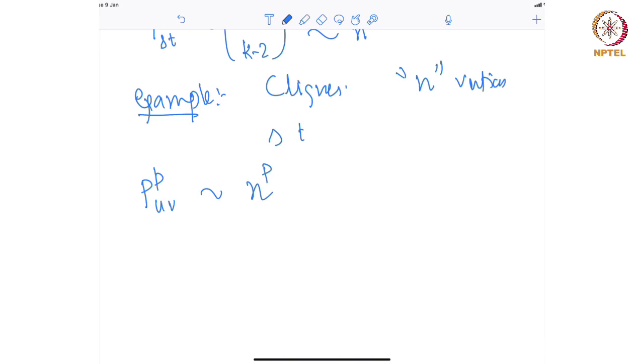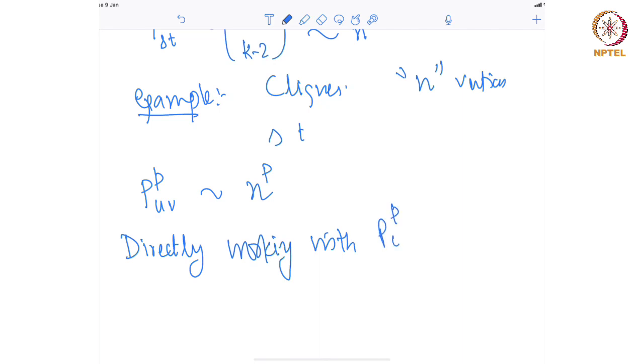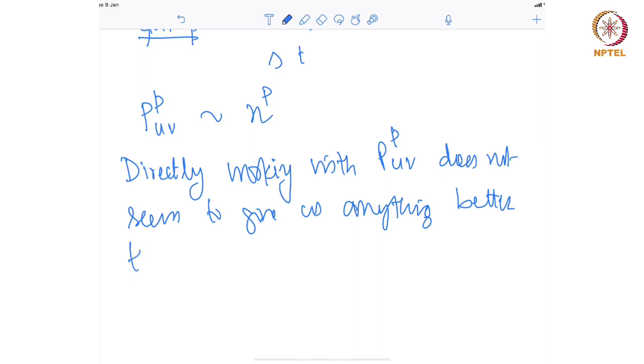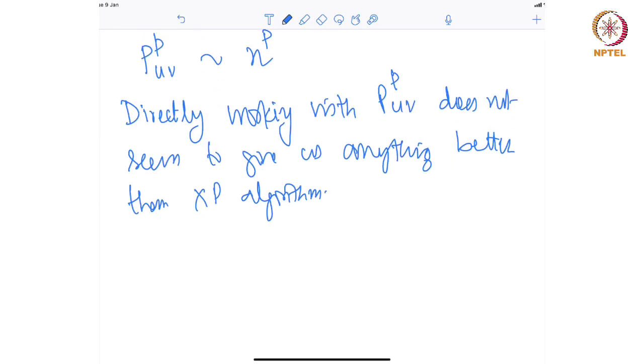So directly computing this set, directly working with P_{UV}, does not seem to give us anything better than an XP algorithm. It is like a brute force or naive approach, or whatever you want to call it.